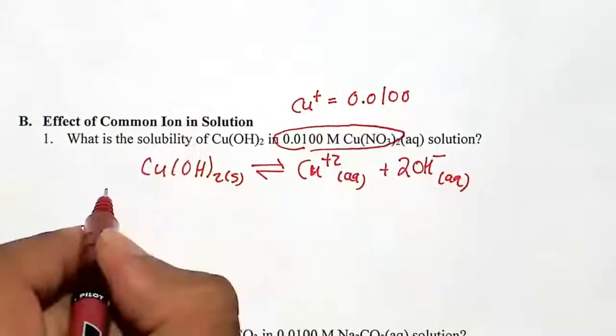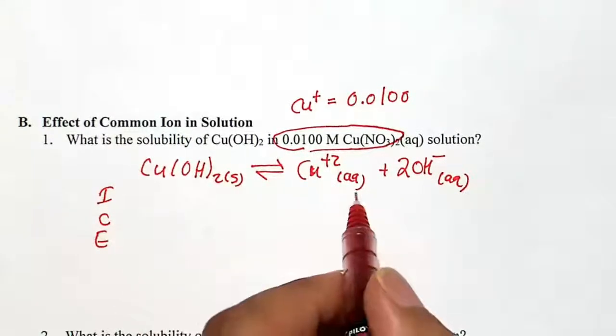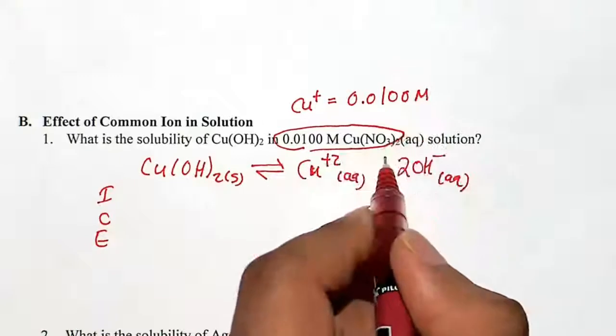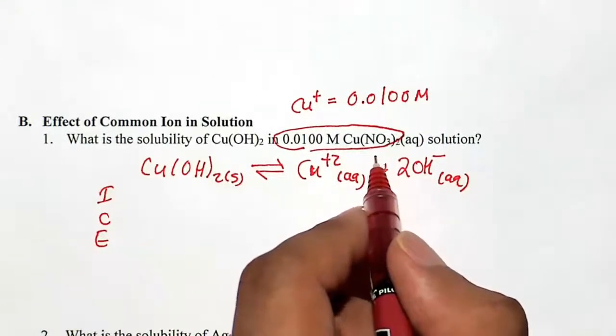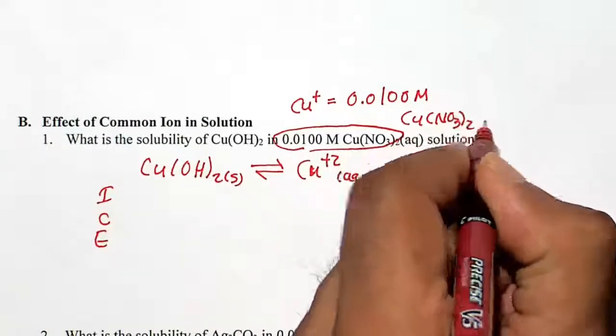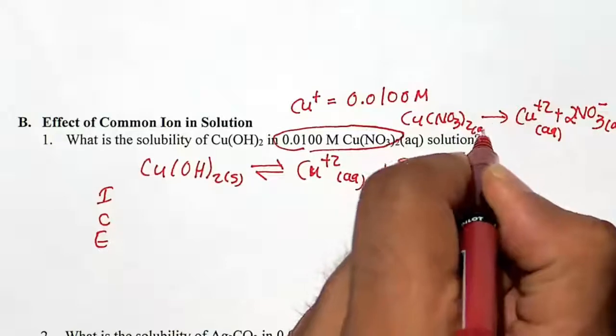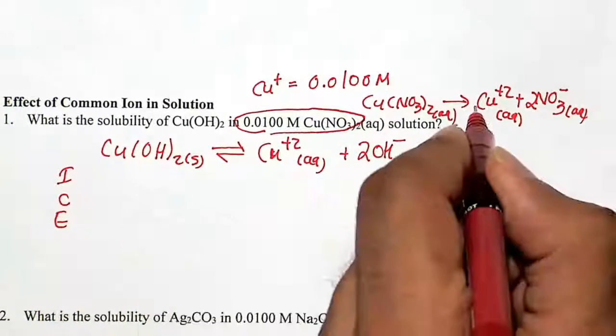So in essence, the copper ion concentration is now going to be 0.0100. So in our ice table, the copper ion is not going to be 0, but 0.0100 molar as a result of the copper nitrate dissociating into copper ion and nitrate.